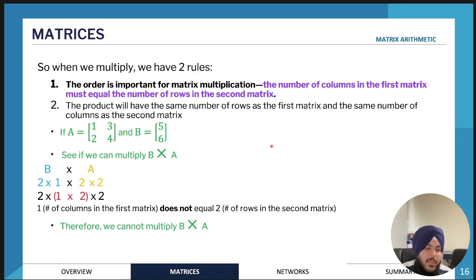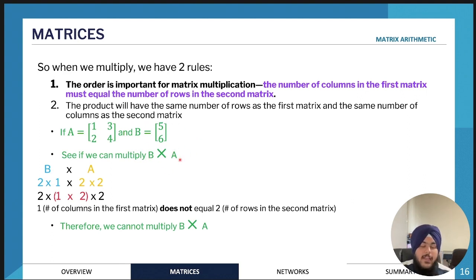You need to work out the order of the 2 matrices that you're multiplying before you do the actual multiplication. The essential rule is that the number of columns in the first matrix must equal the number of rows in the second matrix. This is really important. Essentially, if we had matrix A and we wanted to multiply it by matrix B, or the other way around, B times A.